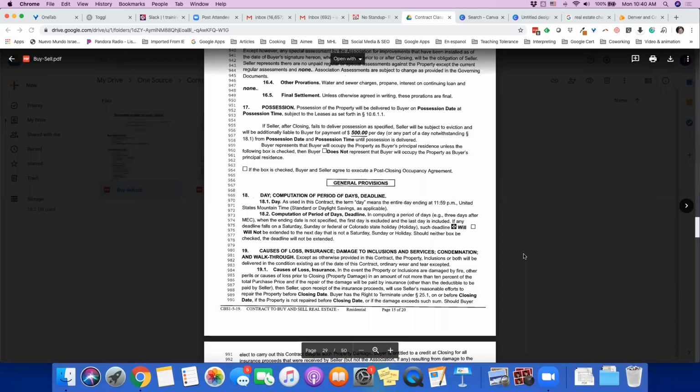And I strongly suggest that you do that. 17, this is the holdover portion. You can check the will or will not, whatever works for you. You also have on 19, that would be the insurance losses, or a hailstorm or something like that. You want to read those paragraphs and make sure that these are paragraphs that you understand.